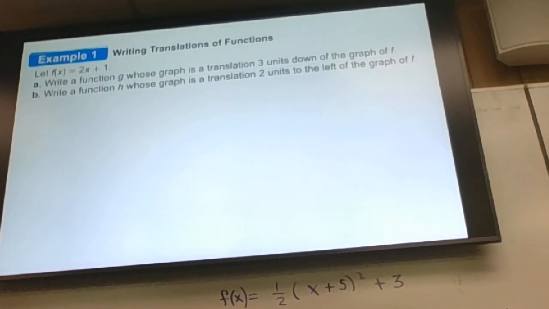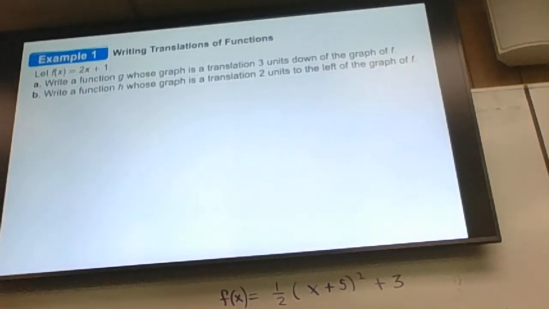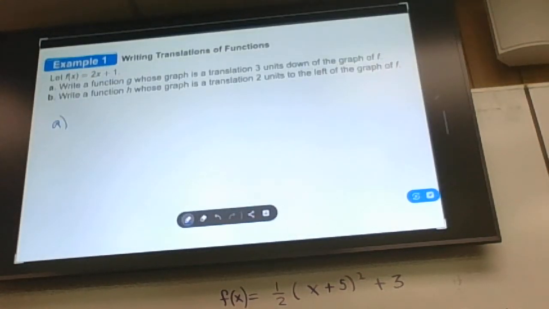This is like number 3 from Bellwert. All right, so up or down, I just put that number in the end.